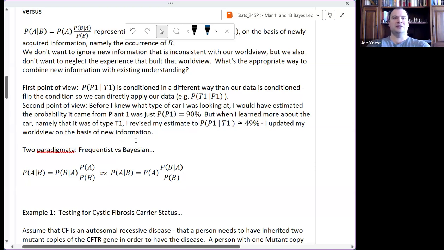Now, of course, your PCP is not going to sit there and do a Bayesian calculation on every question they ask you. They're going to use their clinical experience and their medical knowledge to do that a little more implicitly.